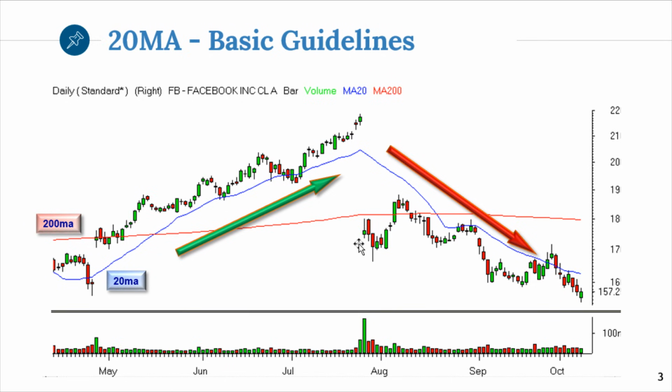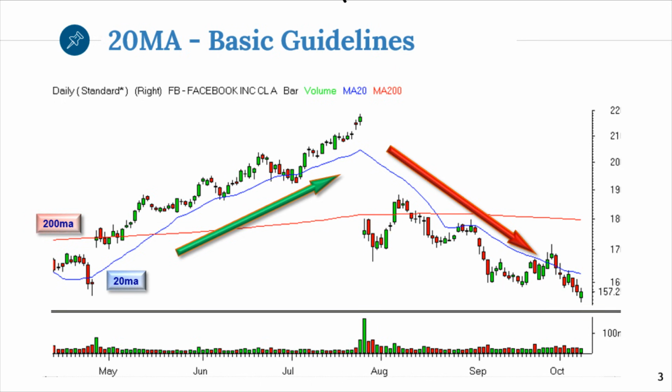When Facebook finally gapped down, the moving average kept the stock below it. It just halted it from going up. It's easy to tell with a moving average that the stock is in an uptrend, and the same when the stock was in a downtrend.